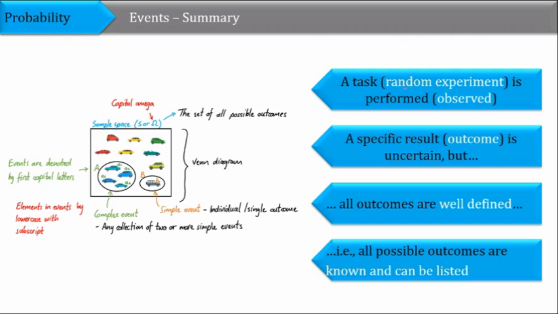And then, very important, we have a random experiment or random observations. That means we cannot predict a specific outcome, but the outcomes are well defined, which means we know what the outcomes can be and we are able to list them. Right, this is very important, all of this in this section. It will be coming up repeatedly for the rest of the course.